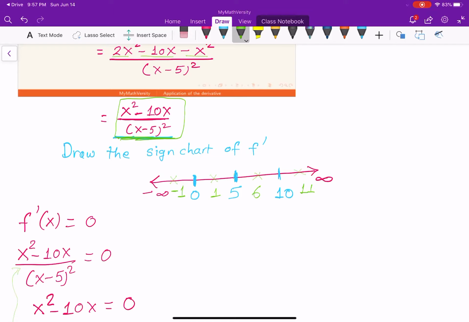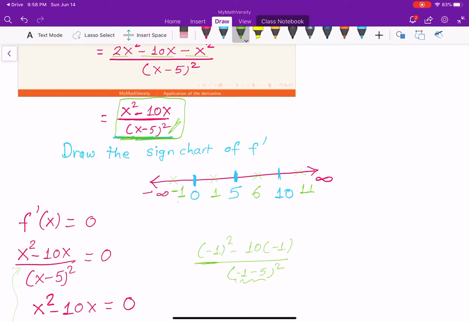For example, if you plug -1 into the derivative, what do we get? Square of -1 minus 10 times -1, divided by square of -1 minus 5. On the denominator, since we have a square of something, no matter what number you choose, the square will always be positive. So the denominator is always positive.